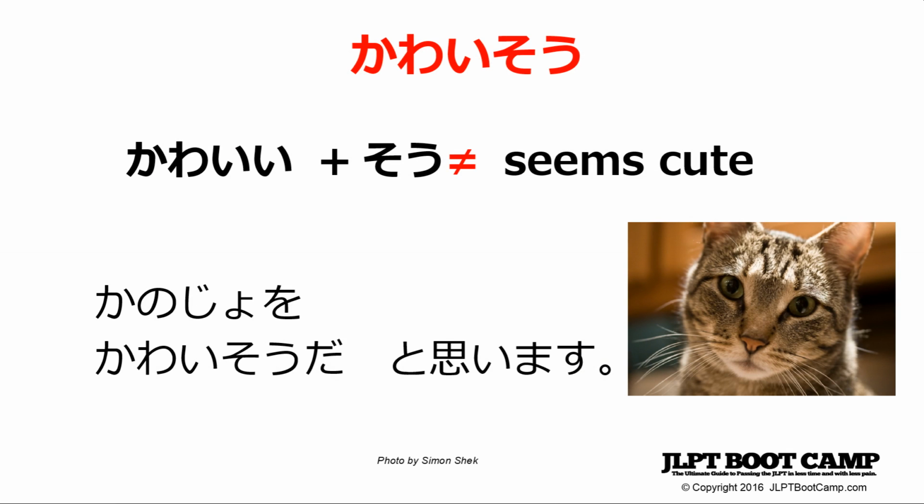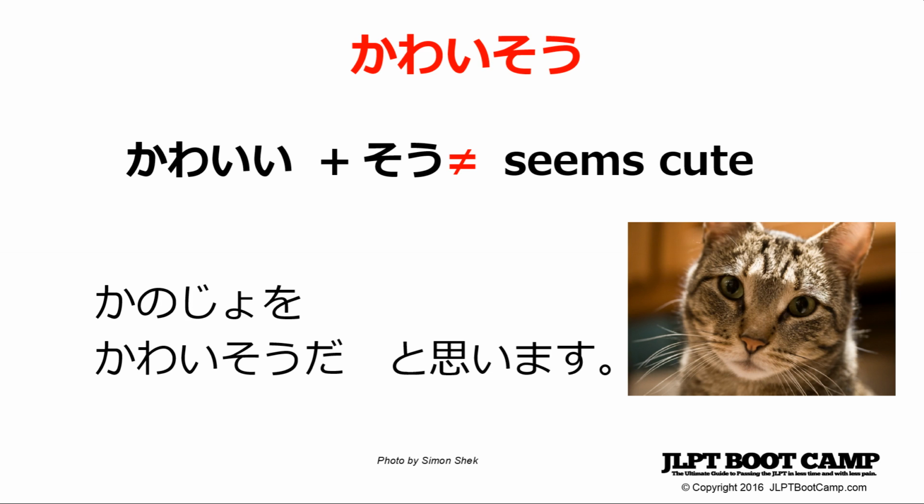Actually, that word kawaisou is a different word that means kind of pitiable, or poor thing. So if you want to say someone's suffering or something, you can say, "Oh, you poor thing."